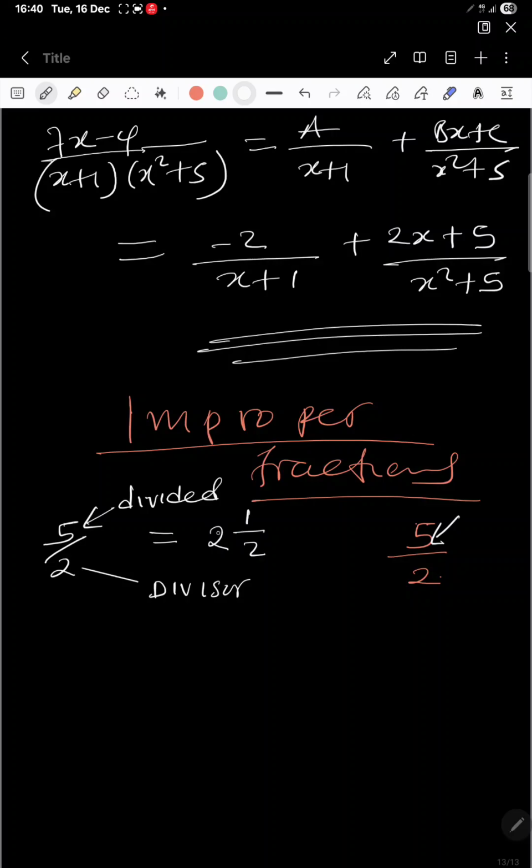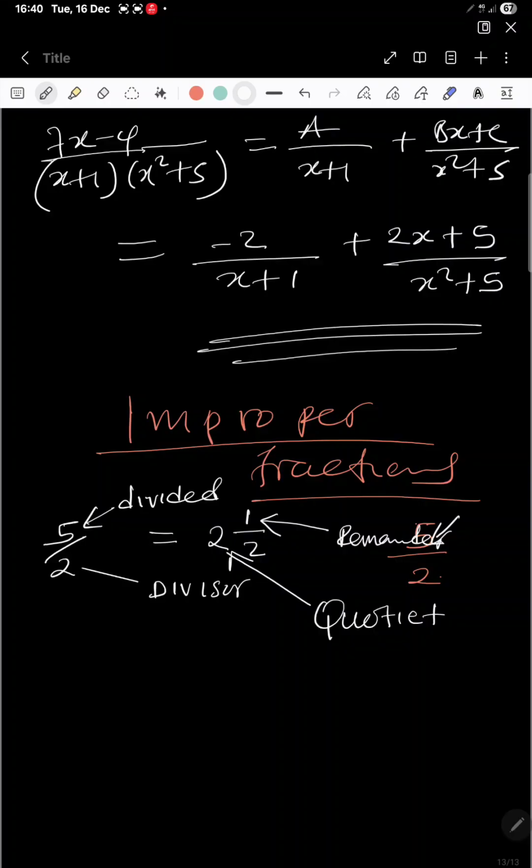So this 2 is called the quotient, then the 1 on top is the remainder. Now here we are going to be decomposing improper fractions into partial fractions.